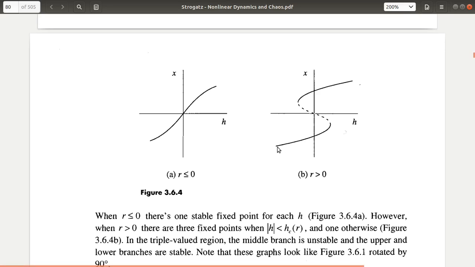But when I start increasing again, I will follow this branch back, but at this point I will not jump over here. Instead, I will just follow this branch. I could only go to the other branch once I reach this point, and then I will once again jump.